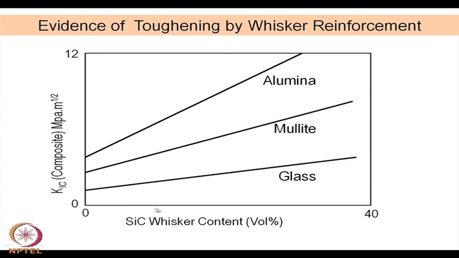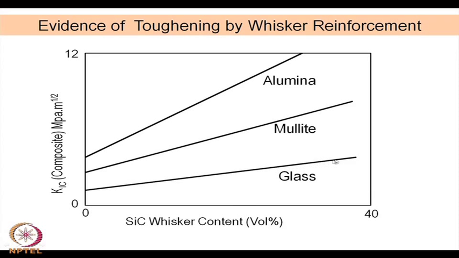Here with 0% whisker, you can see the glass has a fracture toughness of this value. These are of course schematic diagrams, these are not exact values. This is a 0 to 12 scale. So, alumina has a higher fracture toughness than mullite and then that of glass, but if you add some percentage of whiskers in it, the fracture toughness of alumina can be as high as 12, okay, which is very, very high, almost impossible without addition of any reinforcing agent.